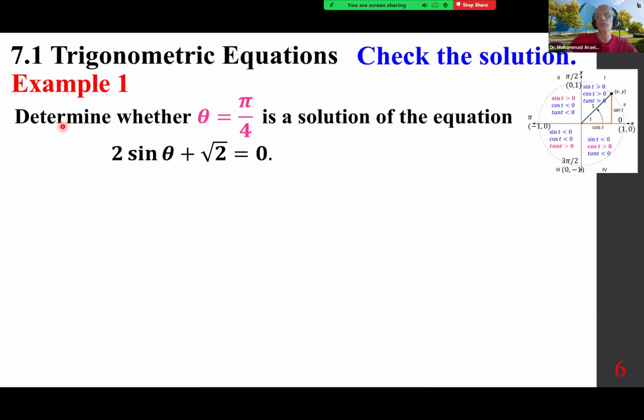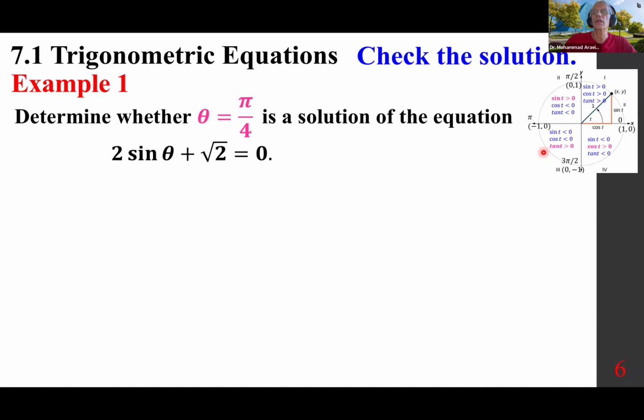And I'm reminding everybody of the 4 quadrants. Remember, in the first quadrant, everything is positive: sine, cosine, tangent, and the rest of it. In the second quadrant, the only thing positive is sine, and with that goes its reciprocal, cosecant.